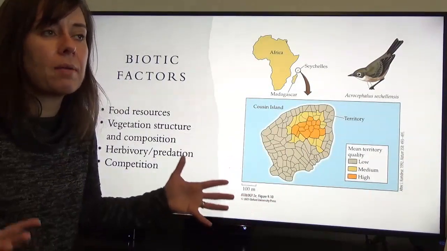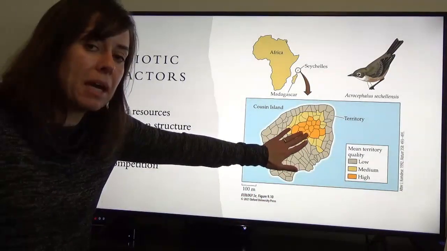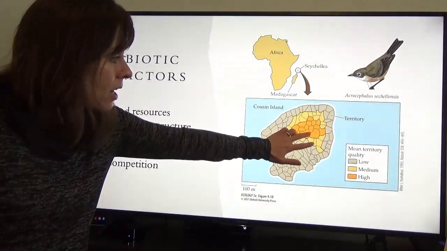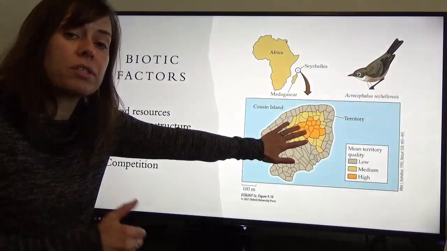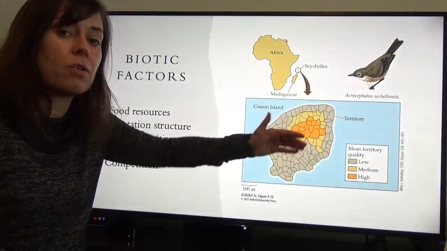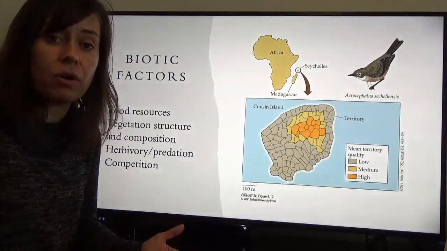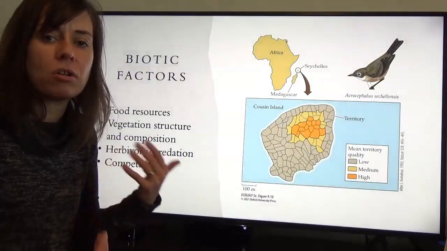So you have larger population density. So it's not just the mating pair and their young of year that are in each of these dark yellow territories, but they can also maintain their young from previous years, who then help with caring for the nest, bringing food to the nest, all of these sorts of things.